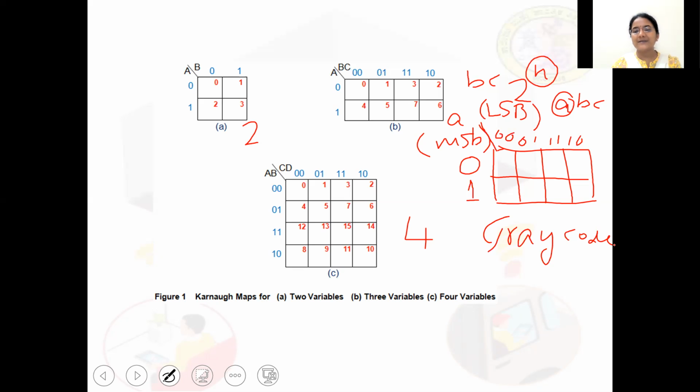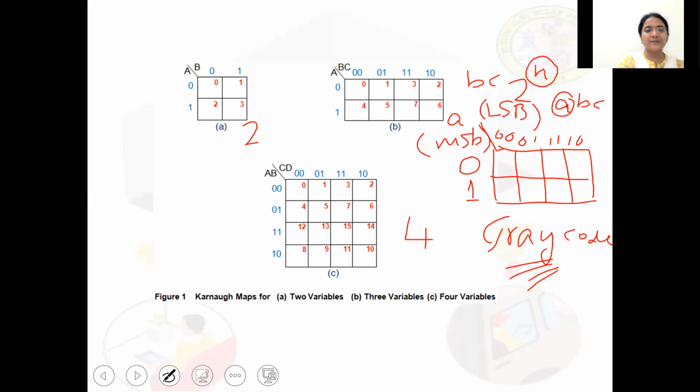Binary will be like 0, 1, 2, 3, 4, 5, 6, 7. But here the code is 0, 1, 3, 2, 4, 5, 7, 6, which is the same as the gray code. So, which is very important. The K-map is represented by the gray code, not the binary code. Now, how are we writing the K-map?